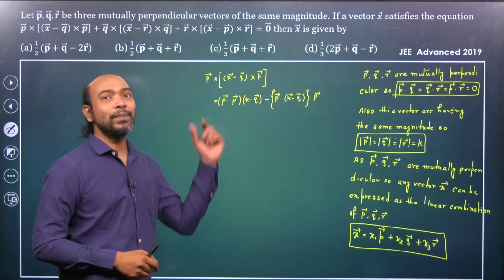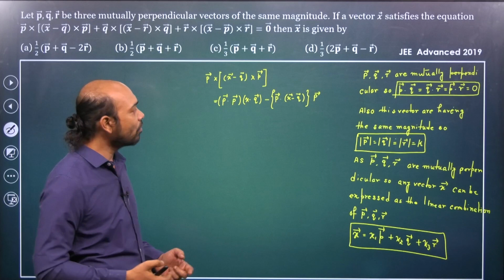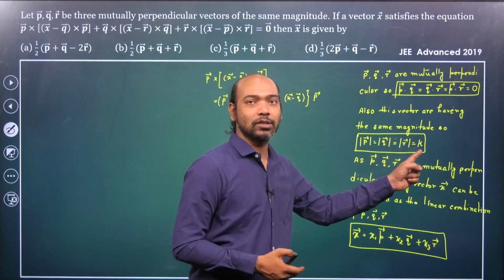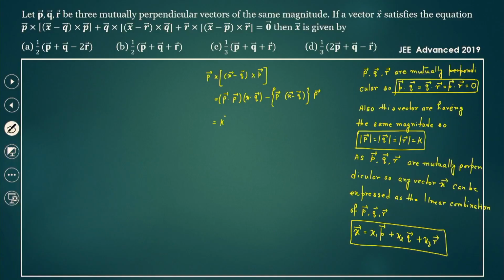Now what is P dot P? P dot P means mod of P square, which we wrote as K square. So we can easily write it as K square.